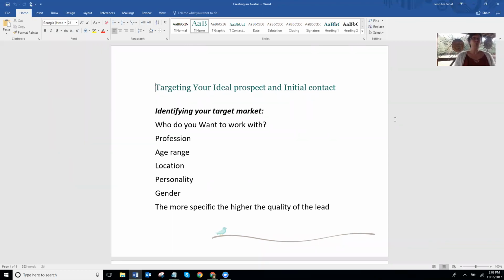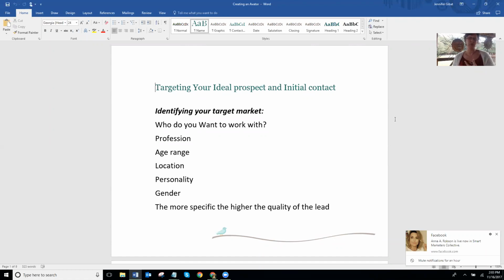So when you're looking at who's your perfect customer, okay, you want to really ask yourself and be very specific. The higher quality of leads you want, the more specific you have to be. So where do they hang out? What age are they? Are they married? Do they have an income?